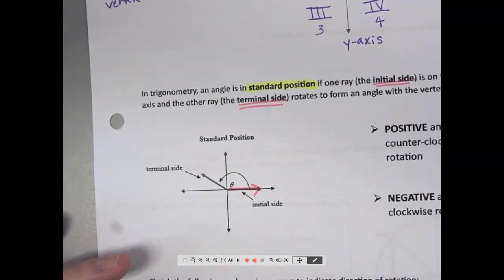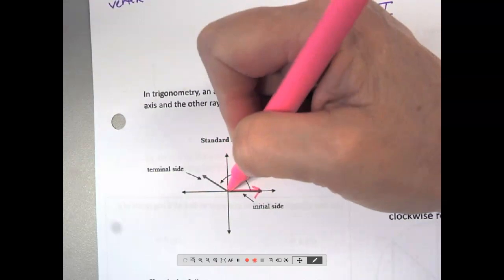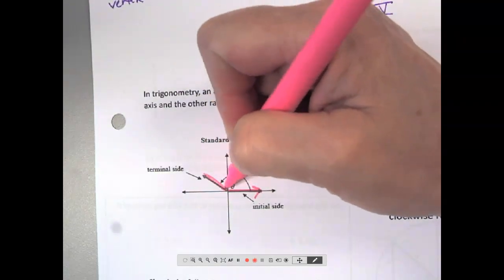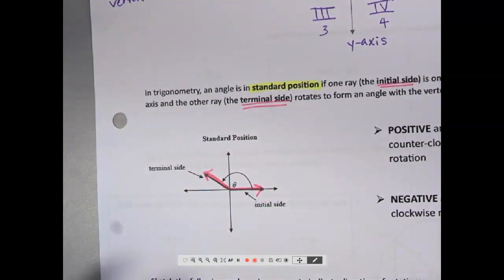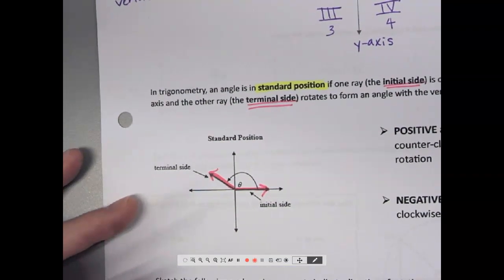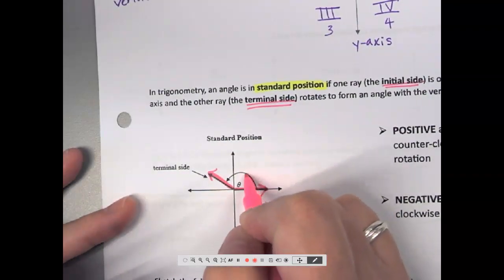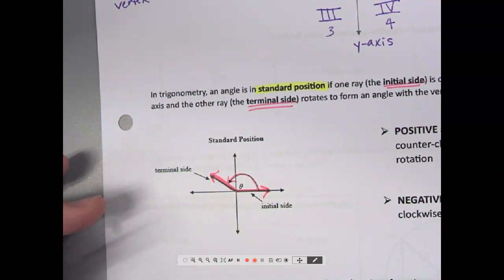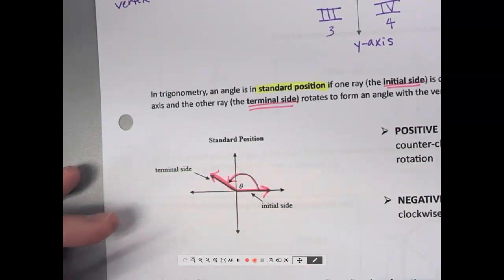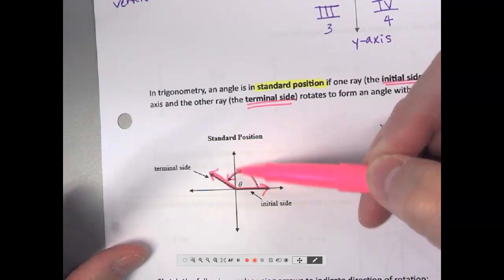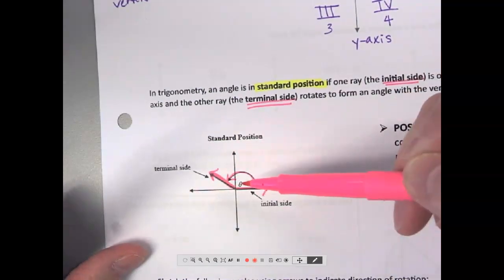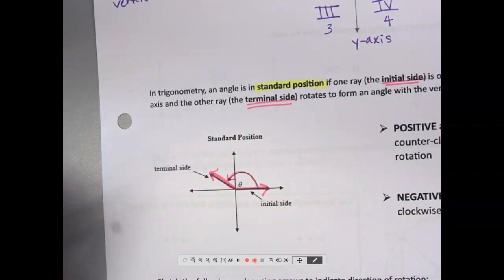That would be considered the initial side of my angle. And then I take this other ray and I rotate it, and wherever it stops rotating, I call that the terminal side of the angle. And then this angle right here is whatever amount I rotated. So that amount is between 90 degrees and 180 degrees, right? Because it put me in that second quadrant.